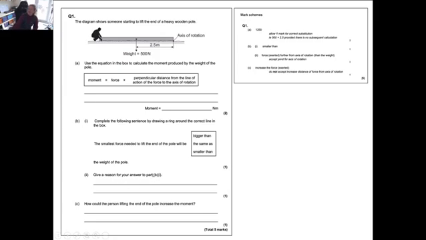A reason for your answer, well, that's exactly why, because the force he's applying is at a much greater distance than the weight of the heavy wooden pole. How could he increase the moment? Well, he could increase the force which he uses to lift that pole.